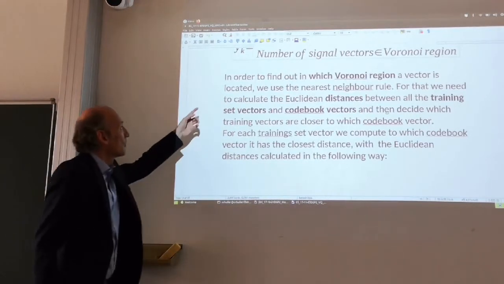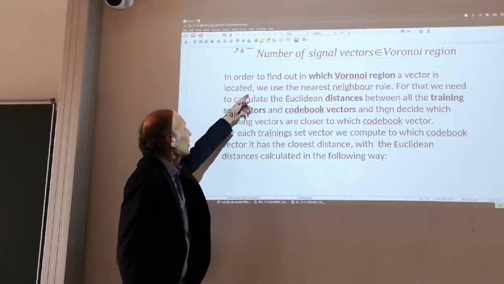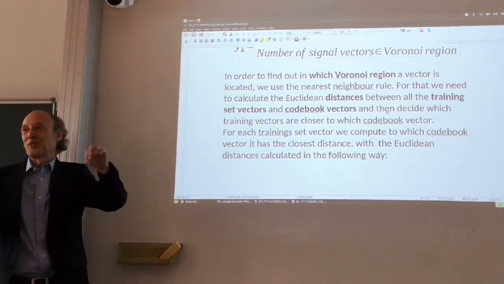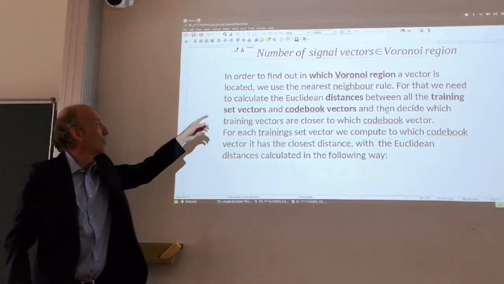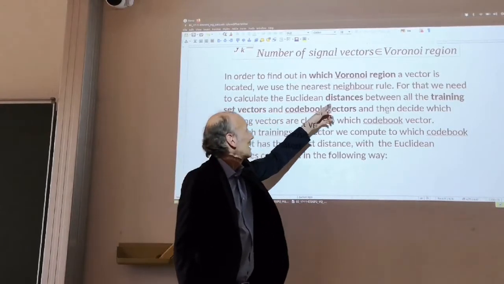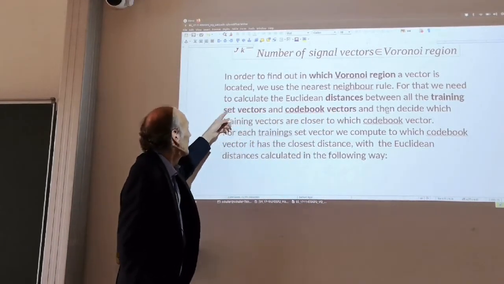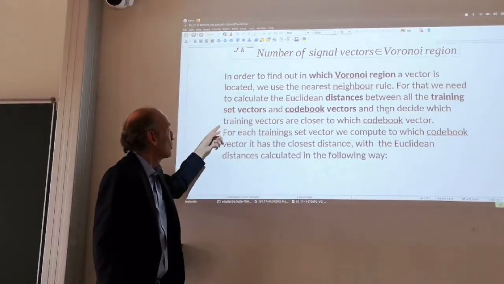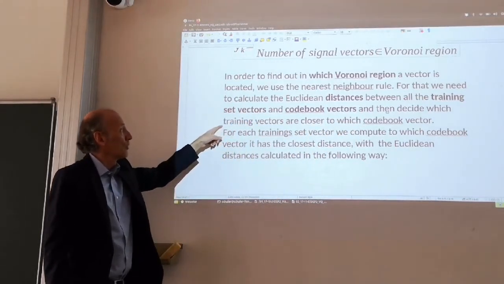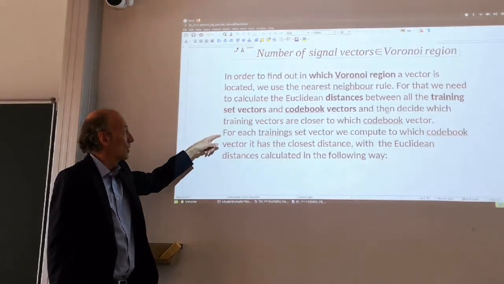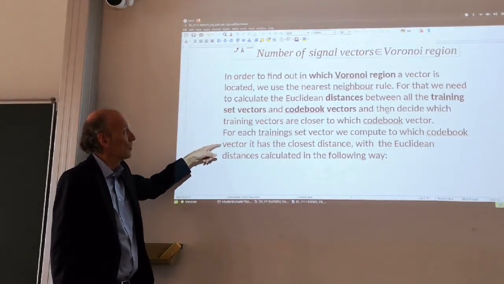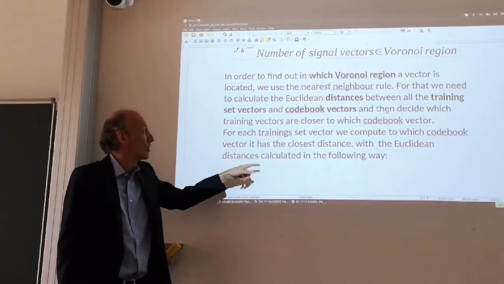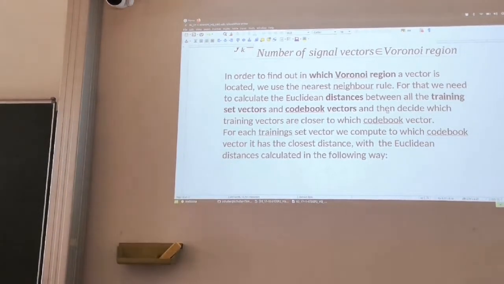So in order to find in which Voronoi region the vector is located, we use the nearest neighbor rule. If you don't have this graph, you have to use the nearest neighbor rule. For that, you need to calculate the Euclidean distances between all the training set vectors and codebook vectors, and then decide which training vectors are closer to which codebook vectors. For each training set vector, we compute to which codebook vector it has the closest distance with the Euclidean distances calculated in the following way.